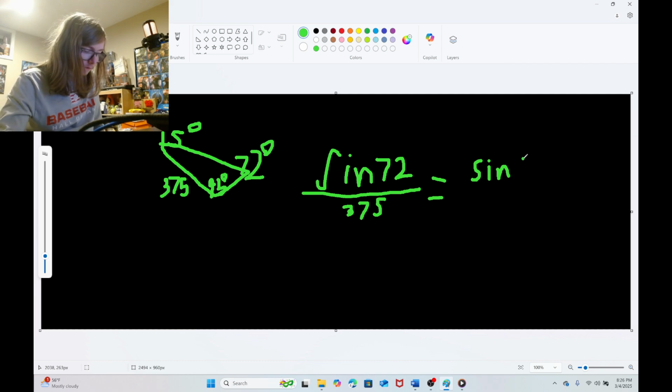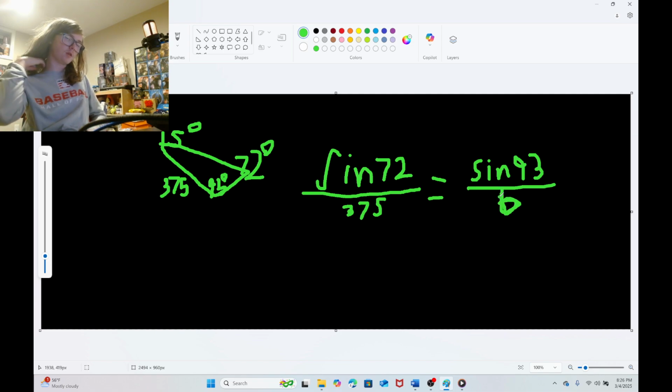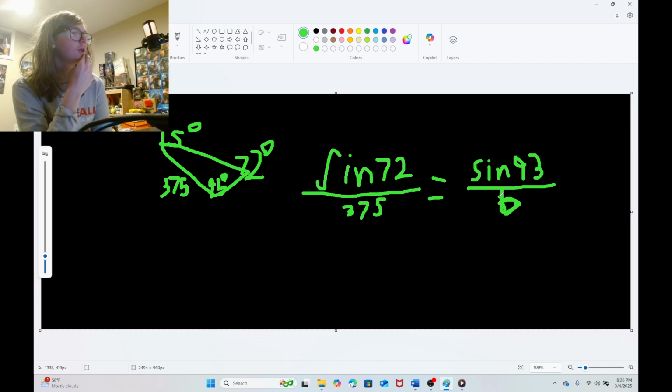Oh, we have angle B. So sine of 93 divided by side B, which uses a lowercase letter to resemble sides. Alright, sound good? Okay, so you got that.